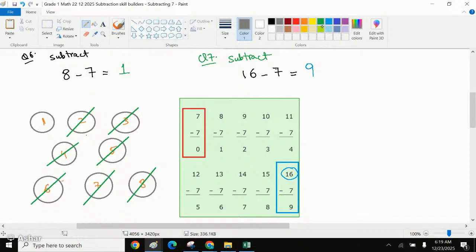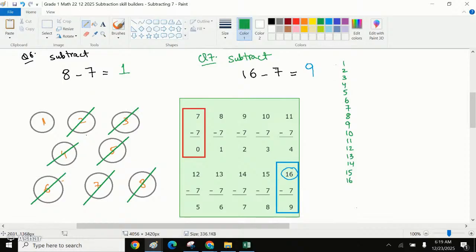Can I say the numbers given are 1, 2, 3, 4, 5, 6, 7, 8, 9, 10. Till where do we need to go? We need to go to 16. 11, 12, 13, 14, 15, and 16, right?